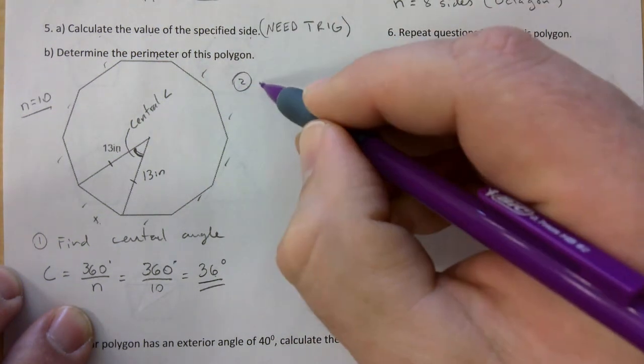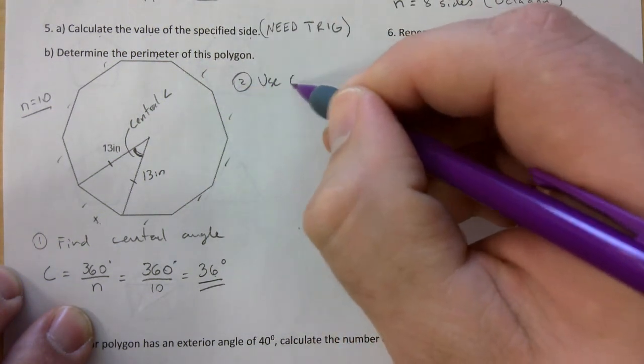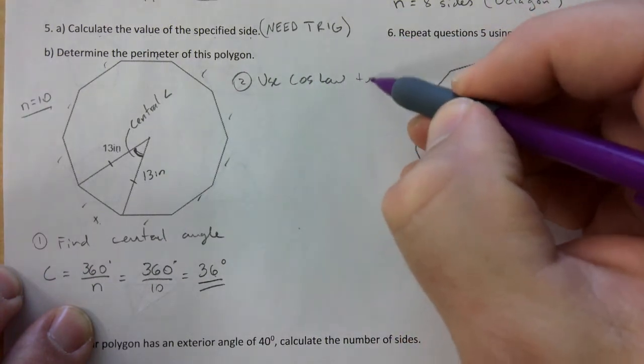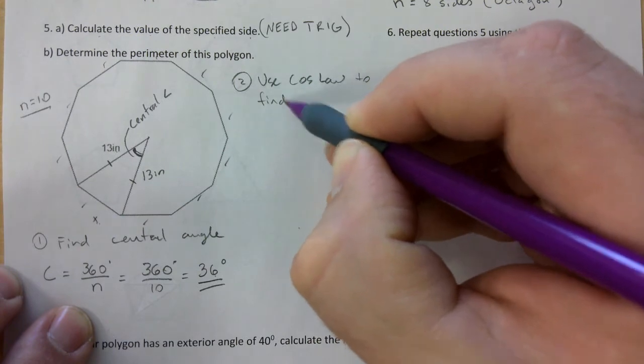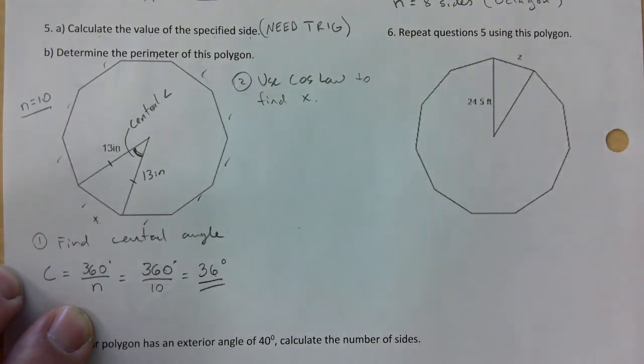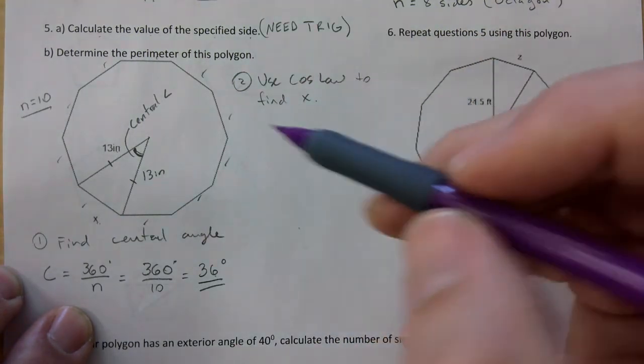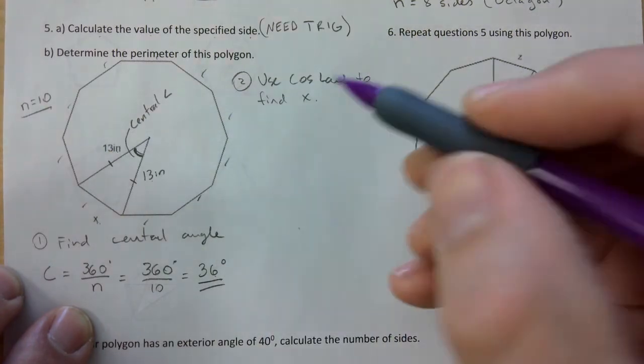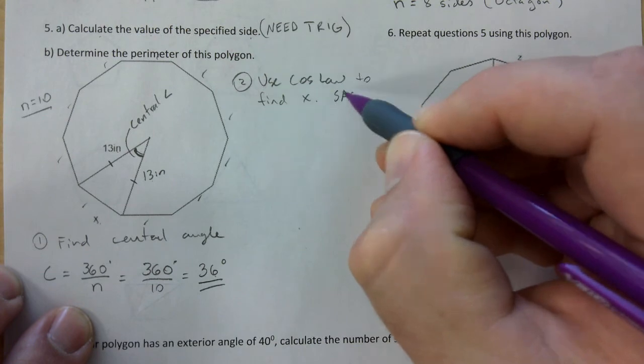Step 2 is to use cosine law to find x. Because if you think about this, this is an SAS, right? It's an SAS.